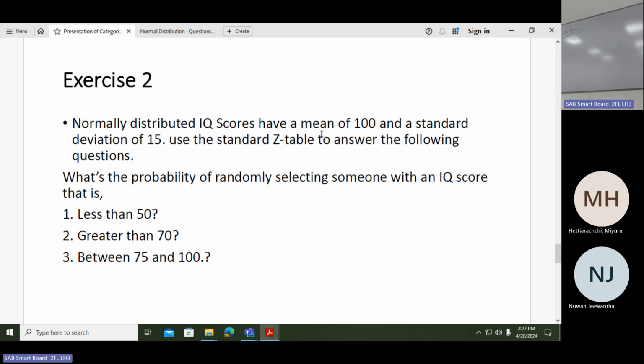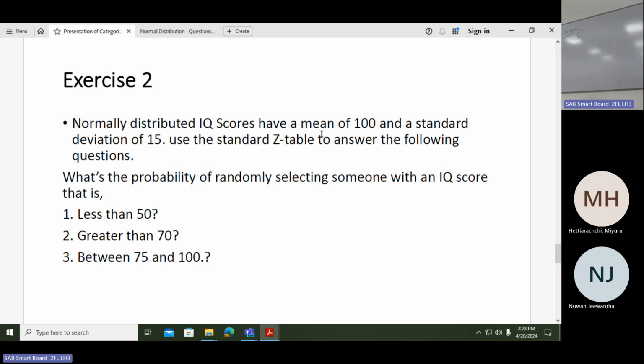Then you can write 15 squared, or you can write 225. The question gives the standard deviation, not the variance, but in here, what is the parameter? Variance. Then finish. Then move to the question.